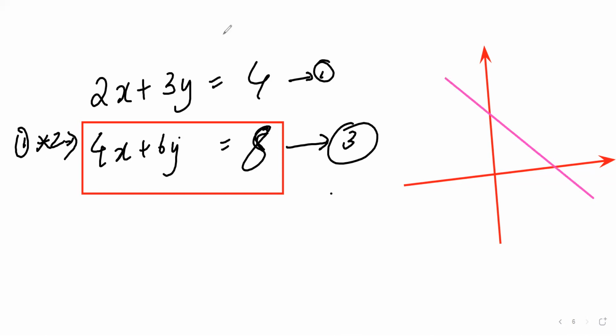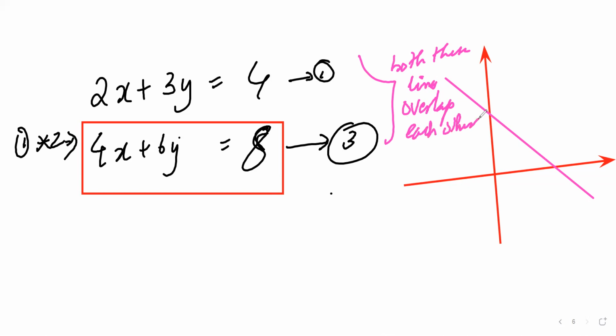In the sense, both these lines coincide and overlap each other, or superimpose each other. Superimpose or overlap means one is on top of the other. If this is the line, just on top of this line one more will come. That's it.